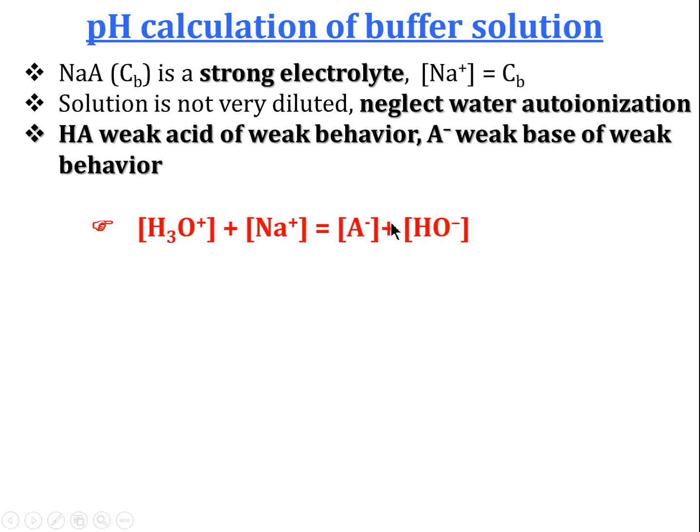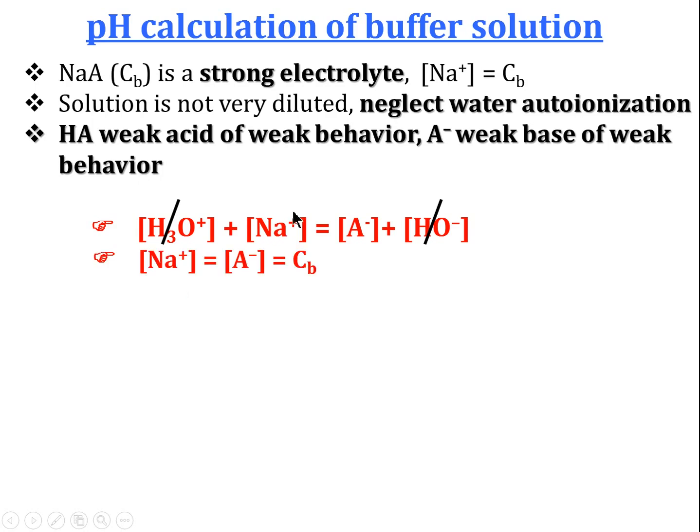In the electroneutrality relation, we can neglect [H3O+] with respect to [Na+], since H3O+ is provided by the dissociation of HA, and HA is of weak behavior. In the same way, we can neglect [OH-] with respect to [A-], since OH- is provided by A- in the solution, and A- is a weak base of weak behavior.